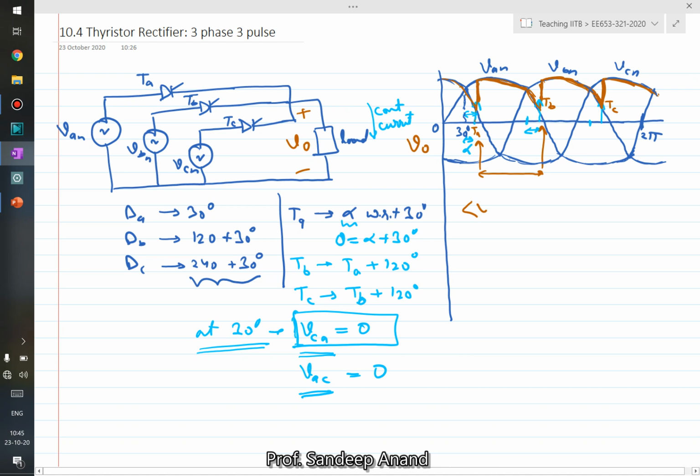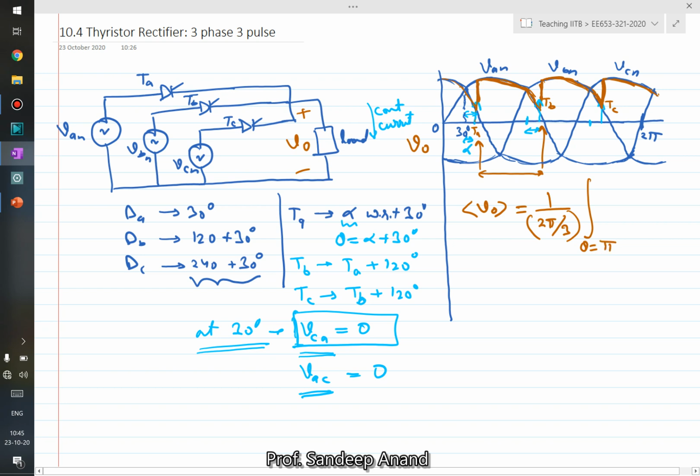So what is the average value of output voltage? It is 1 upon 2 pi by 3, that is 120 degrees, integral with theta going from 30 degrees. Sorry, let me write everything in radians now.